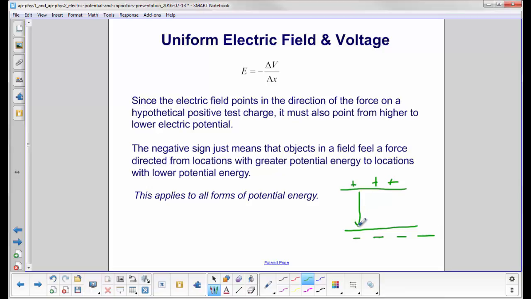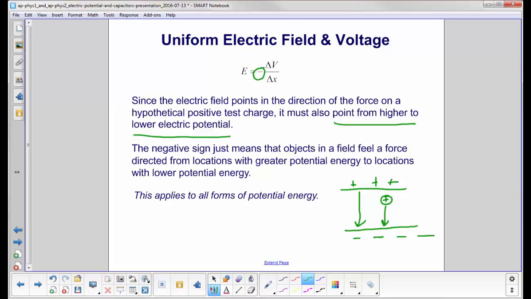If we have a positive charge in the middle here, it feels a force due to the electric field in the down direction. And we already know that that means its potential energy is decreasing. So this electric field vector is pointing from a higher to a lower electric potential. The negative sign here tells us that.